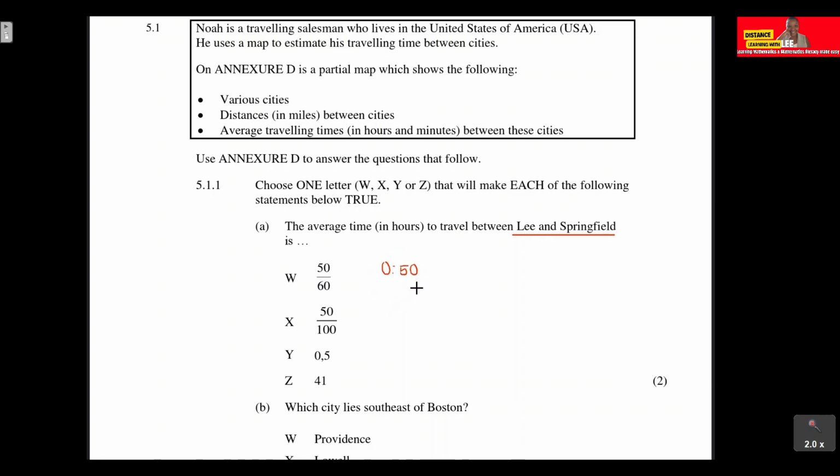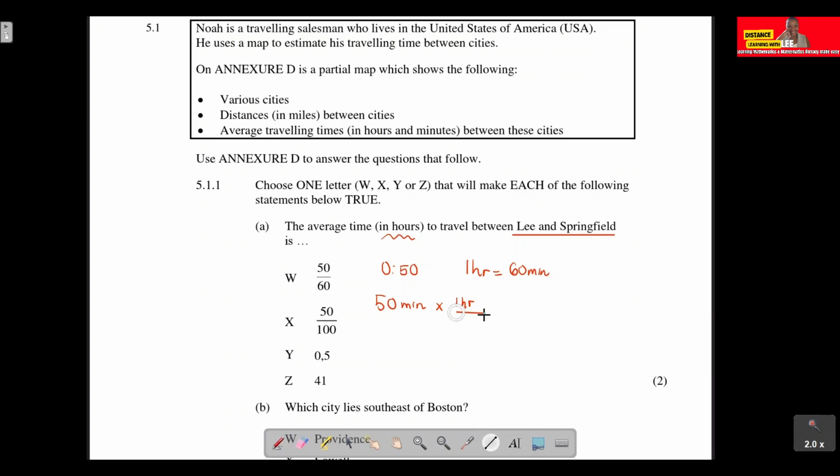If you want the average time in hours, this is given in minutes. We know that 1 hour is equal to 60 minutes. So to convert these 50 minutes into hours, you multiply by what you want, your units in hours, divided by what you have, your units in minutes, which here is simply 60 minutes.